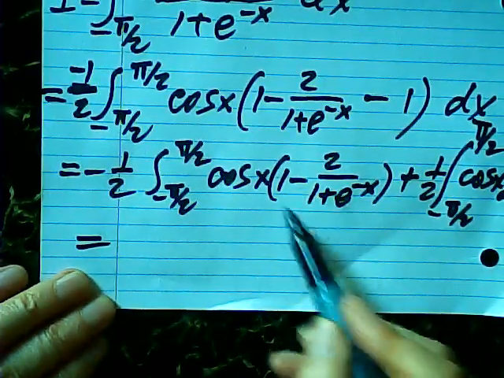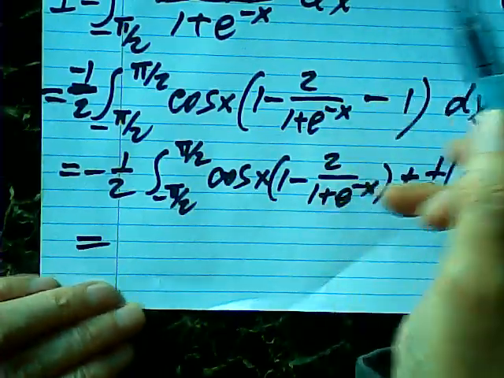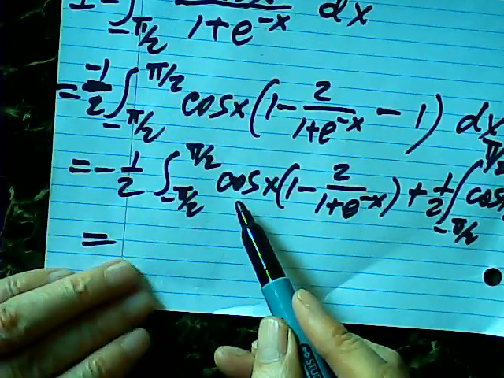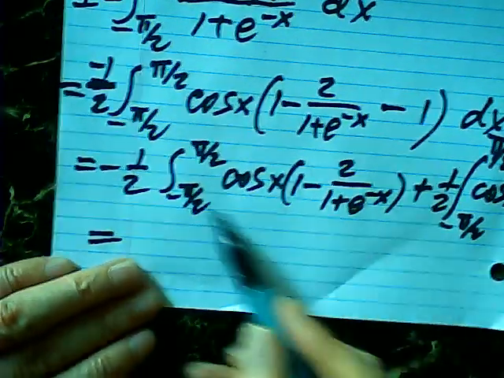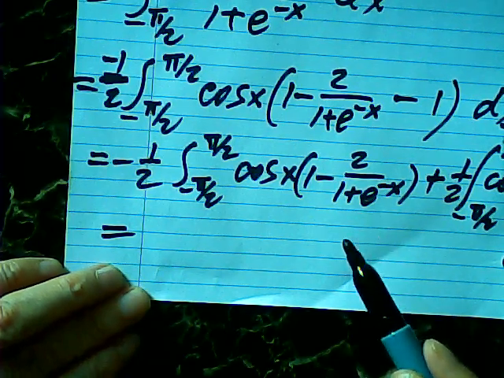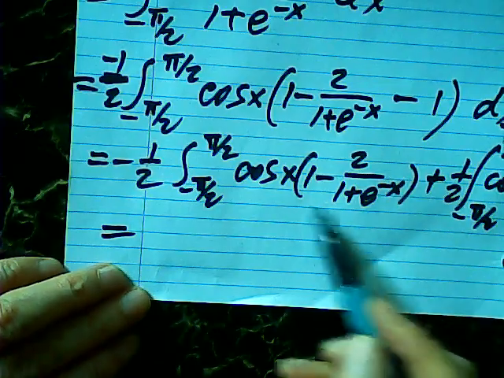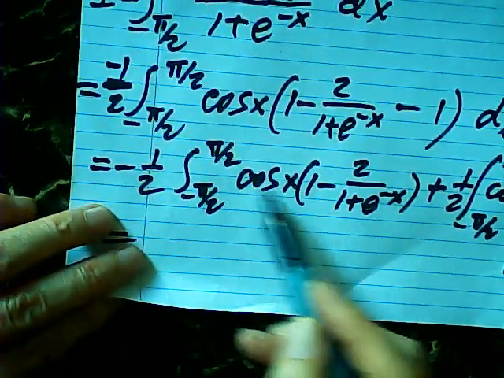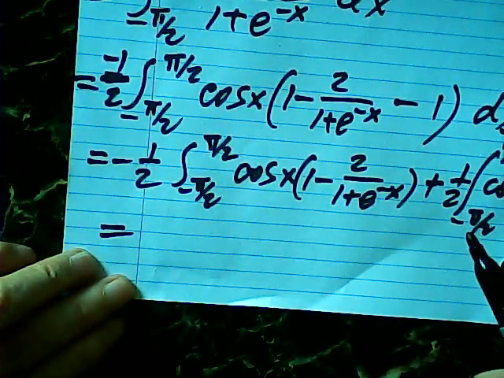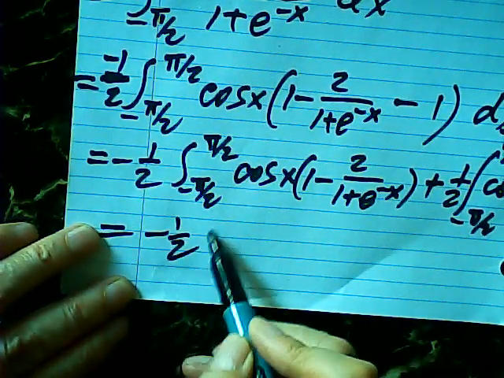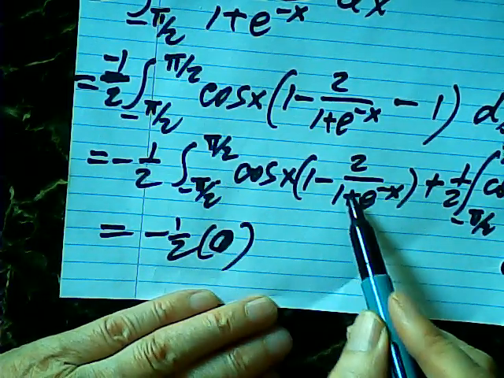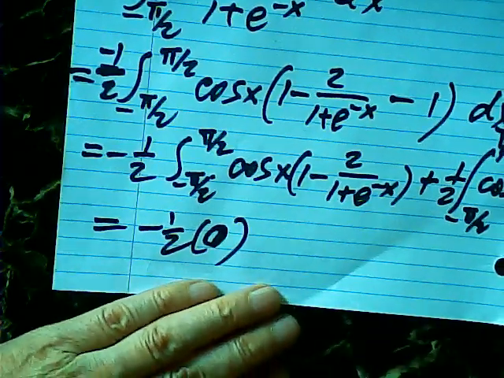Now this is an odd function, as we have done. This is an odd function. This is an even function. Then they multiply together, becomes an odd function. So this is 0. This is odd, this is even. Together is odd.